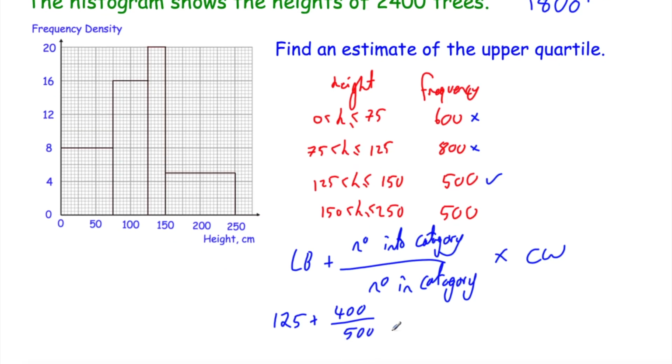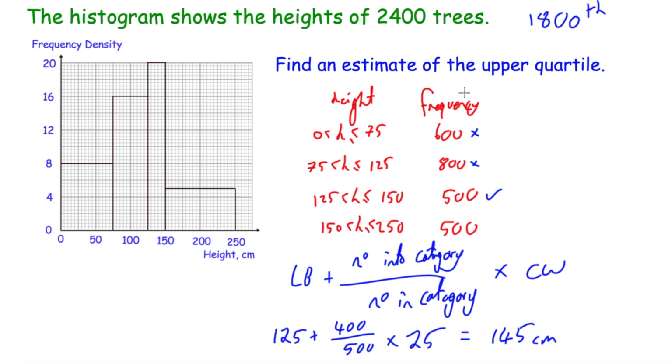And then we just need to multiply by the class width. And the class width, how wide is that class? It's 25 wide, so 25. And if we just type this into our calculator, 125 plus 400 over 500 multiplied by 25, that's equal to 145. So that means our estimate of the upper quartile height would be 145 centimeters, and that's it.